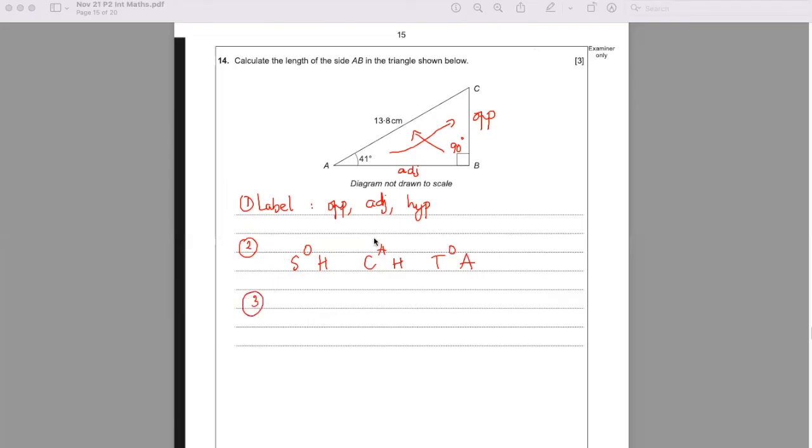Okay, now the next step, number 3, would be very important. You're going to tick the one that you know and the one that you need to work out. So you need to work out AB, which is adjacent. So A needs to be in the equation. You've also been given the angle A, okay? So you know the sine, the cosine, and the tan of A. You've also been given AC, which is the hypotenuse.